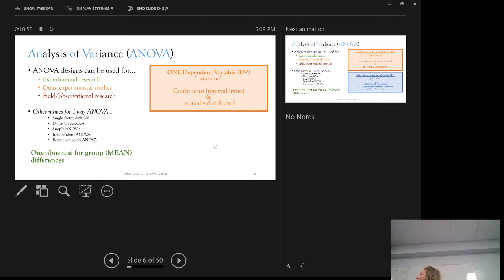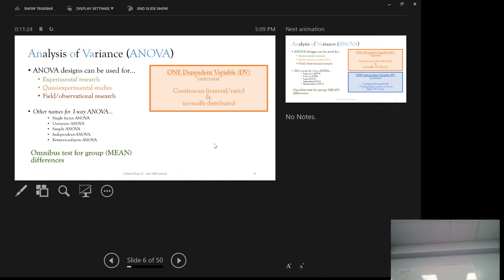So for an ANOVA, we have one outcome variable we're comparing the average to. It has to be continuous or highly interval ratio and normally distributed. So that's an assumption for ANOVA, which is quite limiting, actually. This is another reason why ANOVA doesn't often fit, because your outcome, your thing you're comparing, has to be normally distributed within each group.